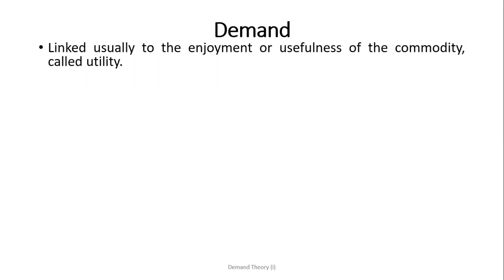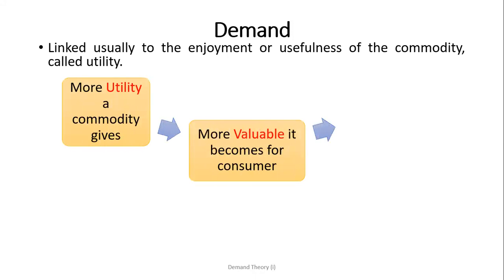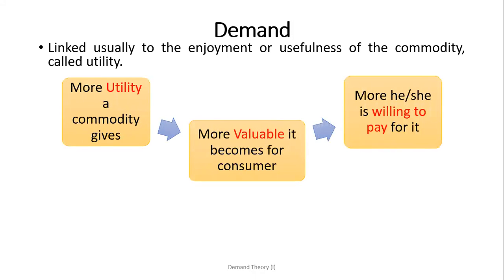So, demand is normally linked to the enjoyment or usefulness of the commodity. This ability of a commodity to fulfill our want or need and give us joy or be useful for us is called its utility. The more utility a commodity gives, the more valuable it is considered, and hence the person will be willing to pay more for it.